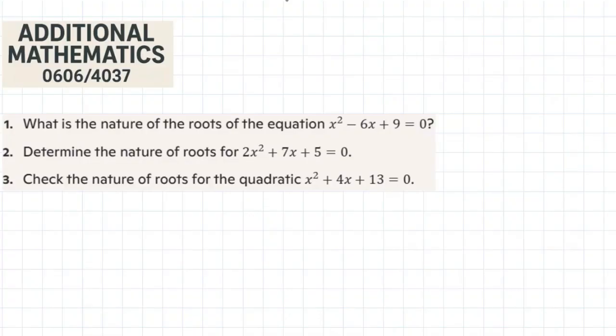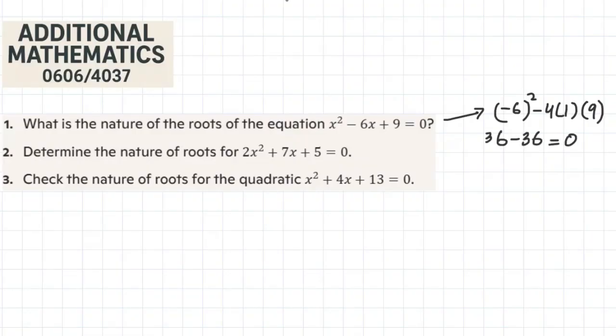So what is the nature of roots of the equation in question one? You can just check the discriminant value, which is b squared minus 4ac. That's 36 minus 36, which is 0.